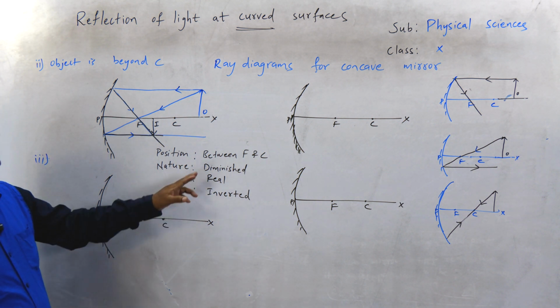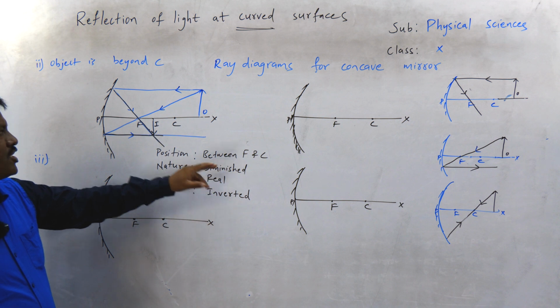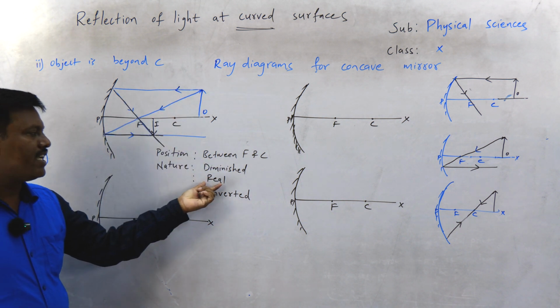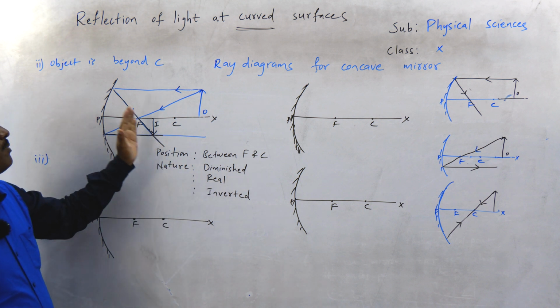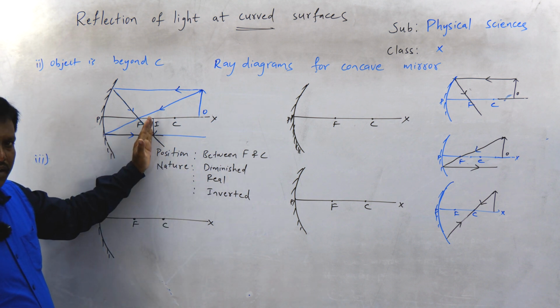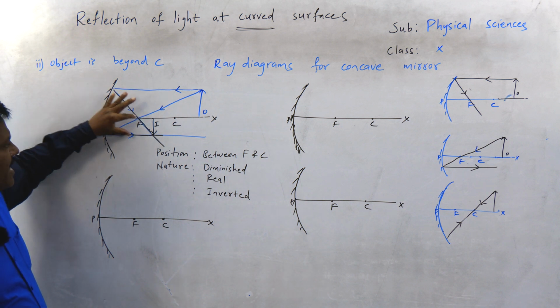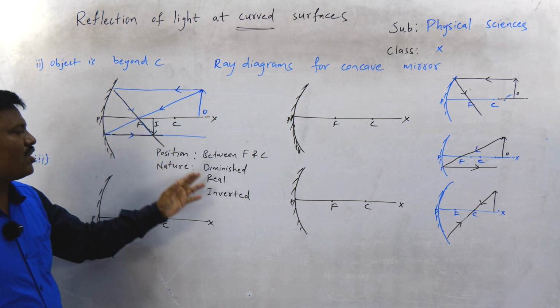Once again, tell me why it is diminished image? Because size of the image is smaller than size of the object. Why is it real image? Because image is formed before the mirror. Why is image formed before the mirror? After reflection, light rays are converging. That is why it is called a real image.